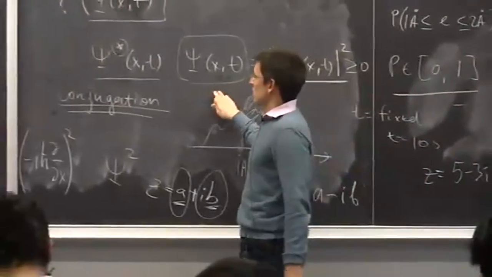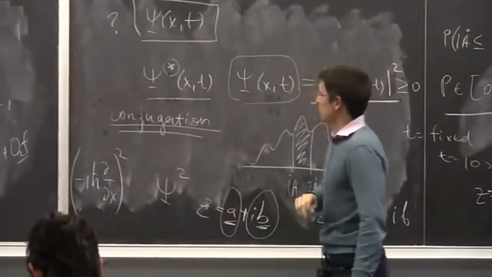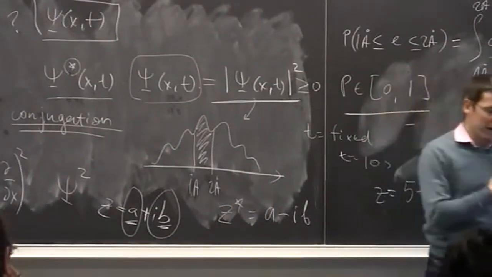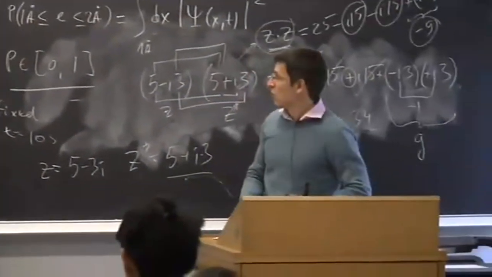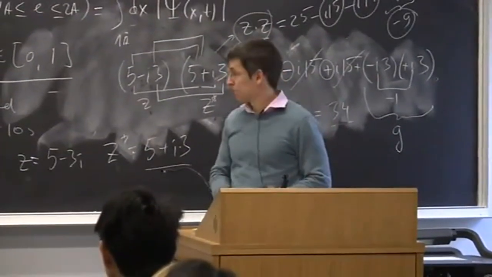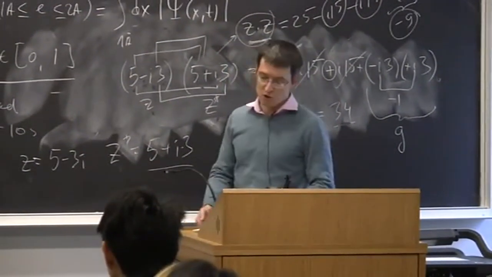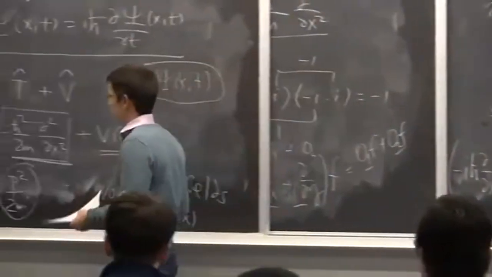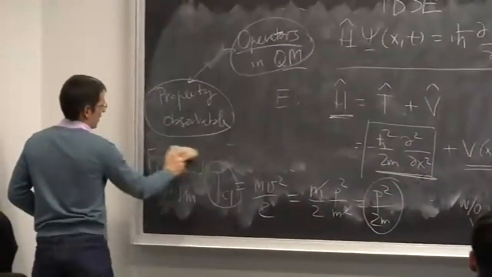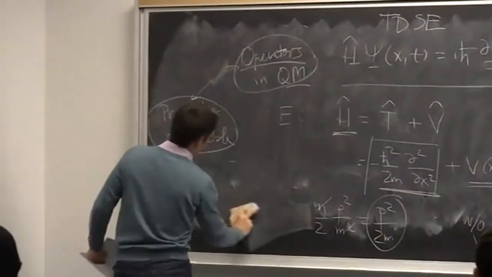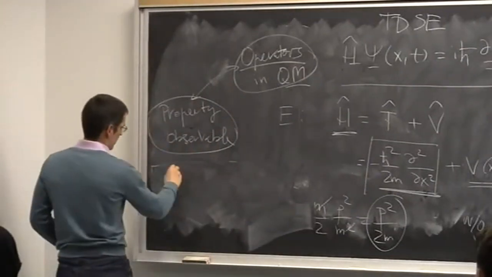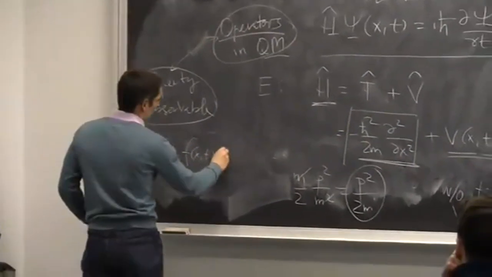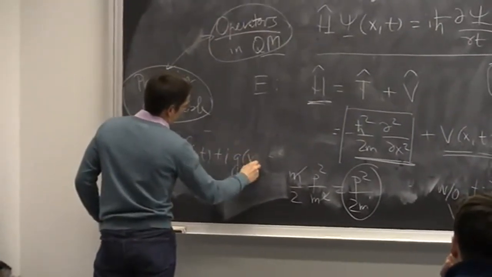Now, in this case, when we do the conjugation, we can always get a non-negative function. So now I illustrated that with numbers. In the lecture notes, actually, I have the same thing written with functions. You can easily repeat the whole consideration, instead of Z, you can write down, say, psi equals f of two variables x and t plus I g of x and t.